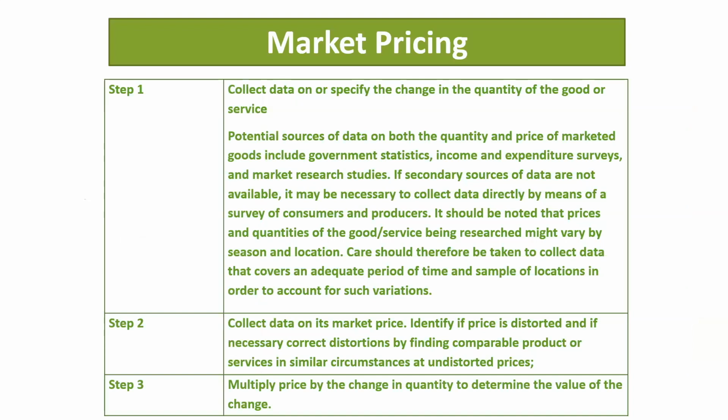This is just some information on the screen before you about how you actually go about undertaking market pricing. As you would see, it is relatively simple. If you're looking at the value of the reef from the perspective of the fish, the sources of the data are government statistics, the number of fish landings for that particular site, the price of fish, etc. And of course, it would be important to identify if the price is distorted, and multiply the price by the change in quantity.